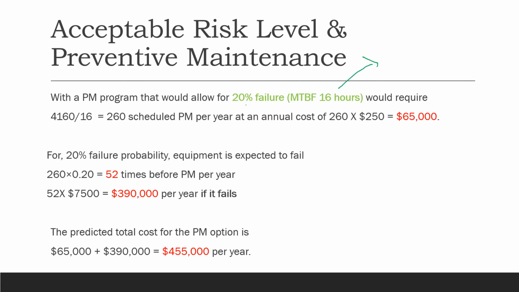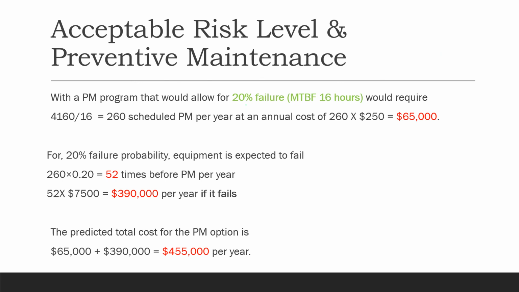You already know they are reciprocals. So 1 divided by 16 is going to give you lambda. And if you want to get the mean time before failure, then you take the reciprocal of your lambda.